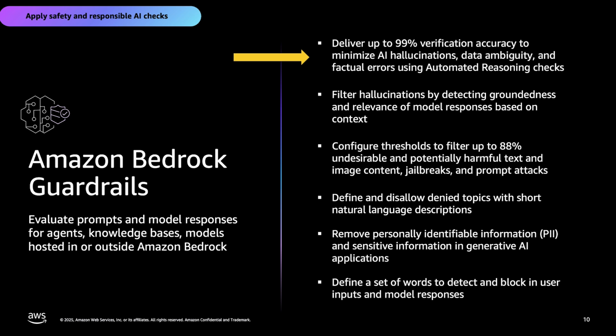You can define topics using short natural language descriptions that need to be avoided in your application. And you can also use automated reasoning to minimize AI hallucination, data ambiguity, and factual errors with automated reasoning checks. Safety, privacy, and security are the core of everything we do.